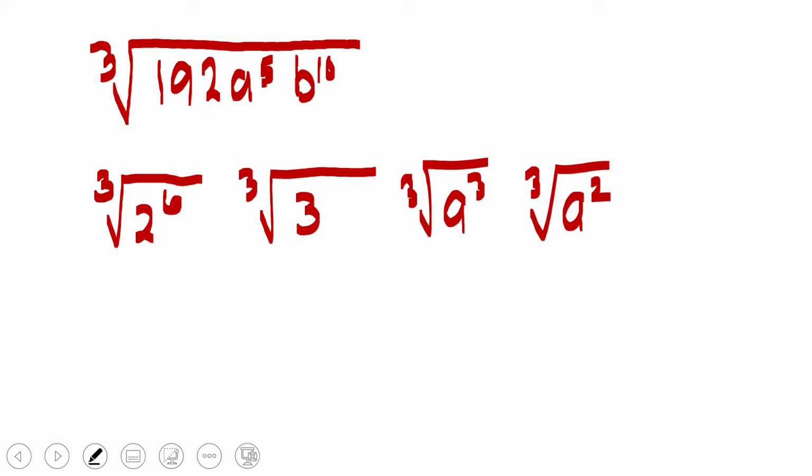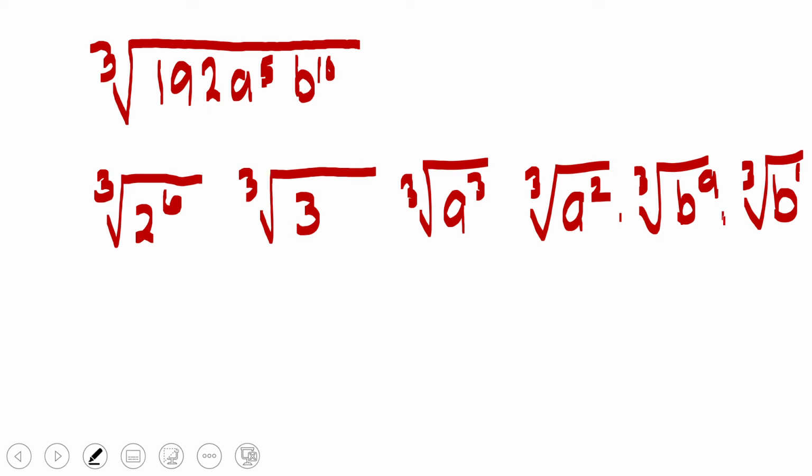And if we take the cubed root of b to the 9th power times the cubed root of b by itself to the invisible 1 power, so to speak, then we came back to the b to the 10th power.